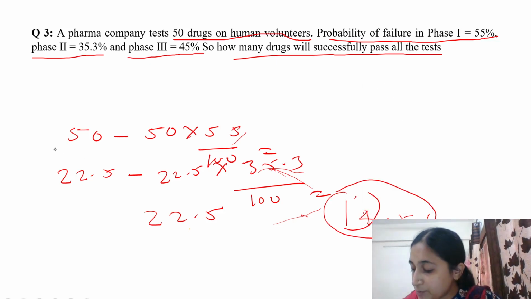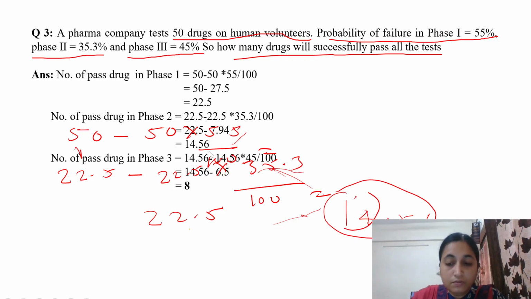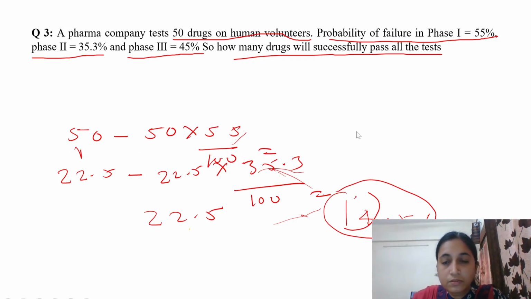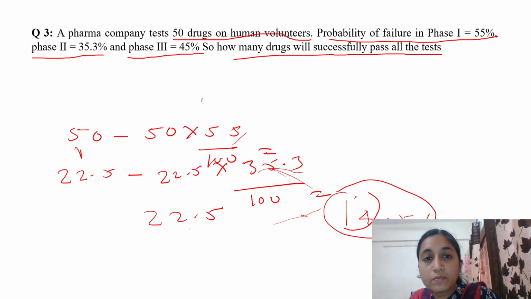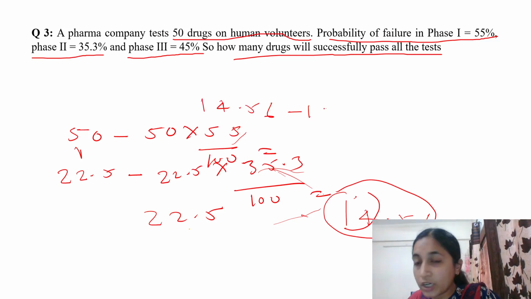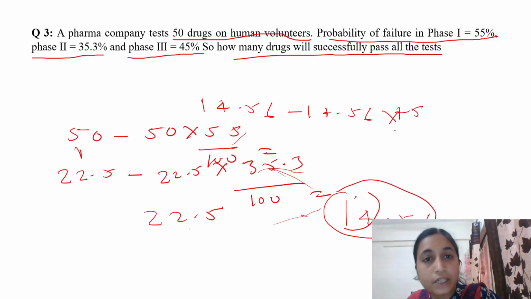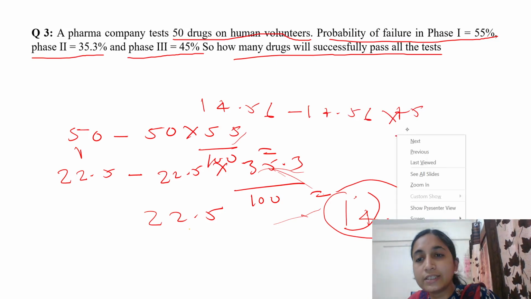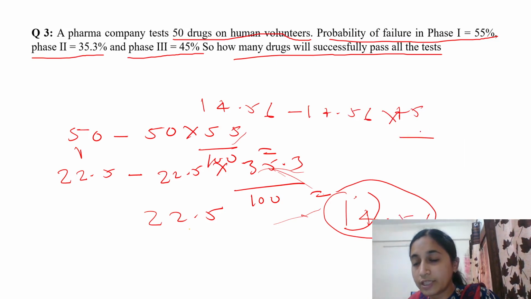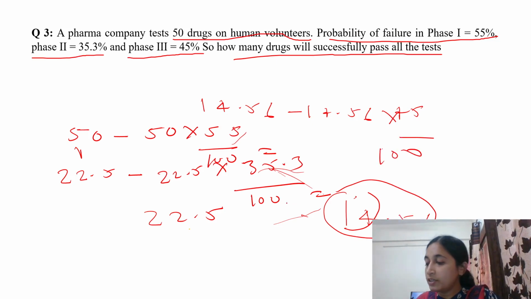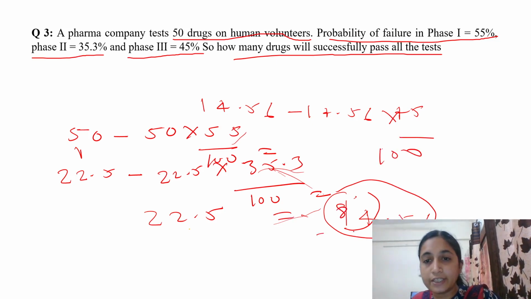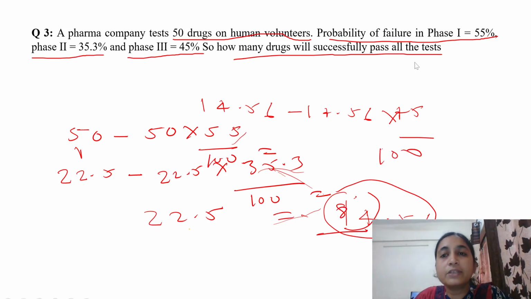So now we will take 14.56 minus 14.56 into 45 upon 100, as 45% have failed. We will calculate how many have passed in phase 3. It will come to 8 drugs. So how many drugs will successfully pass all the tests? 8 drugs.